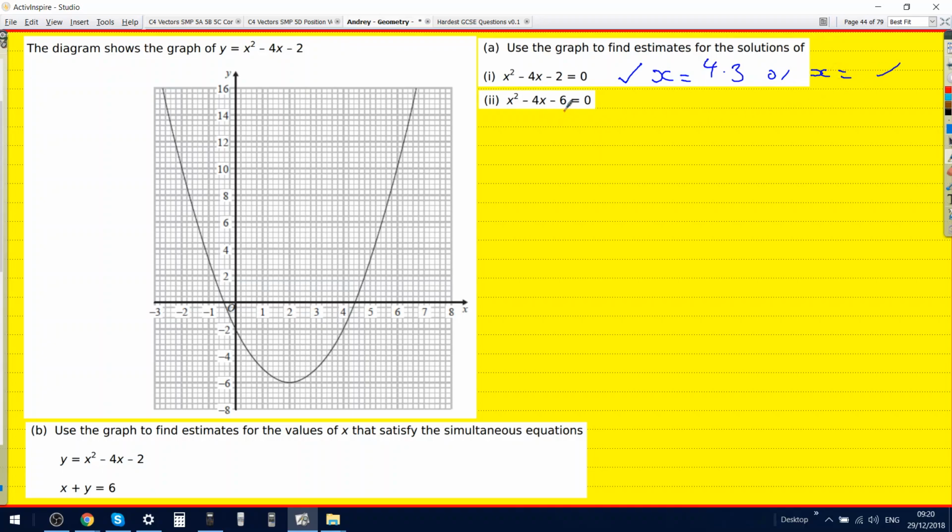Okay, how about part 2? x squared minus 4x minus 6 equals 0. Should I add the 6 to the other side? Would that make it x squared minus 4x minus 2 equals 0 if you added 6?